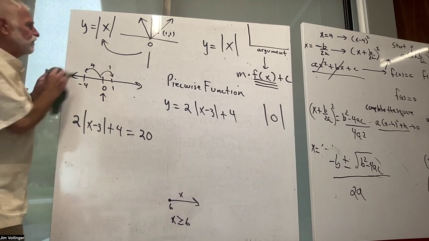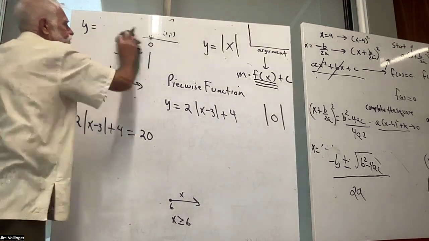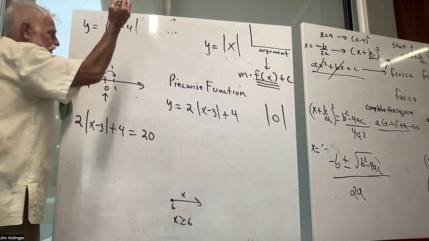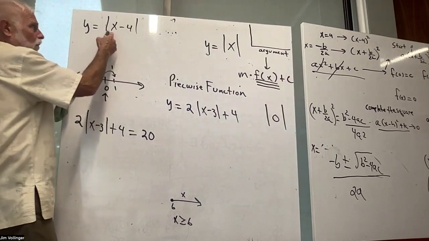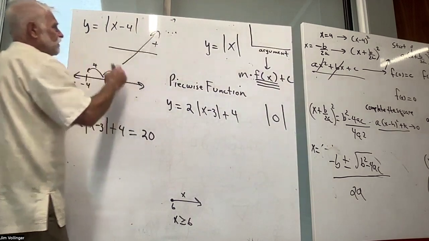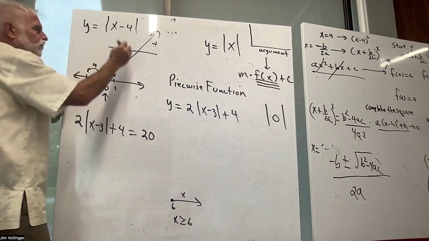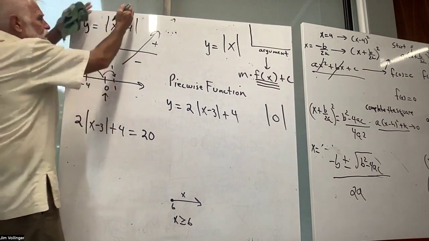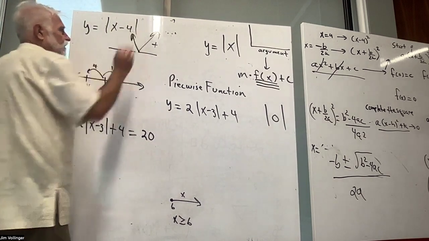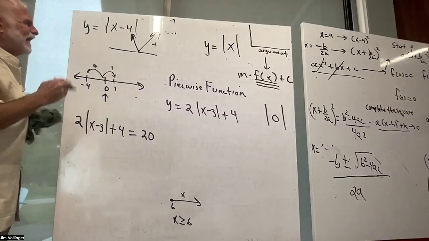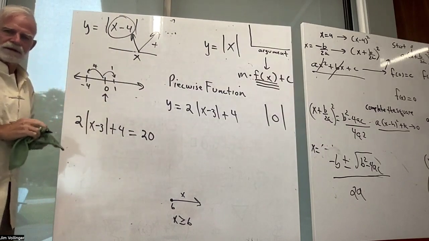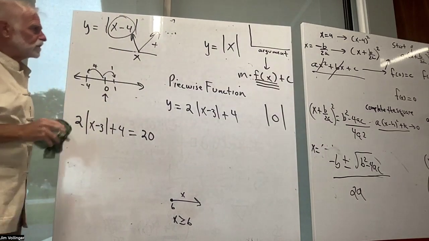All right, for instance, if I had the absolute value of x minus 4, then when I put numbers bigger than 4, I get positives. When I put numbers less than 4, like 3, I get negatives. But if it's absolute value, what happens to the negatives? They become positive, and we get that V-shaped graph, and it's centered on the x value that makes a 0 inside those functional symbols.